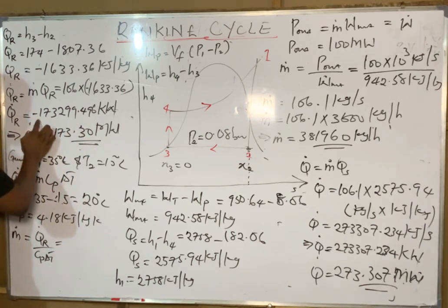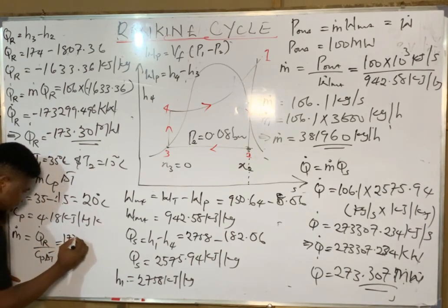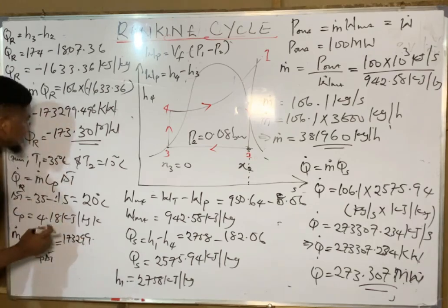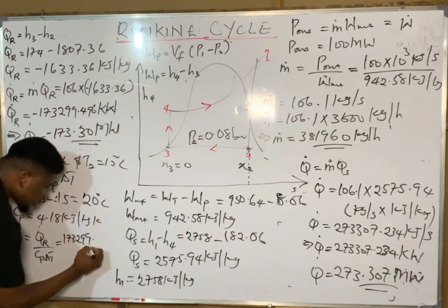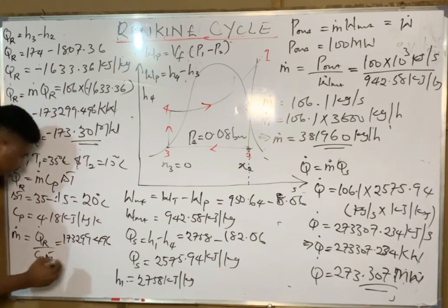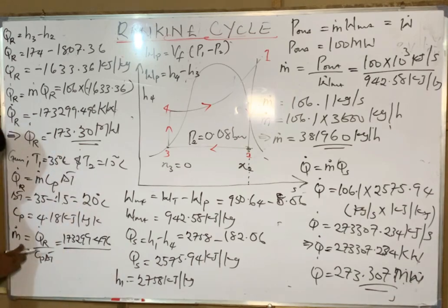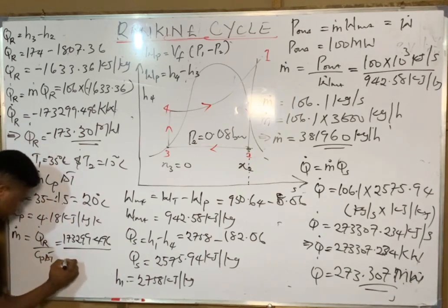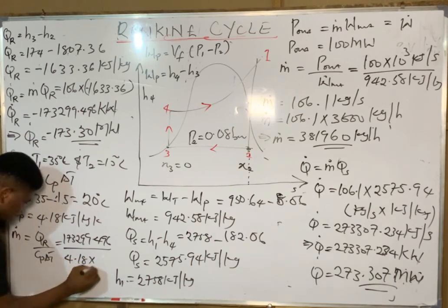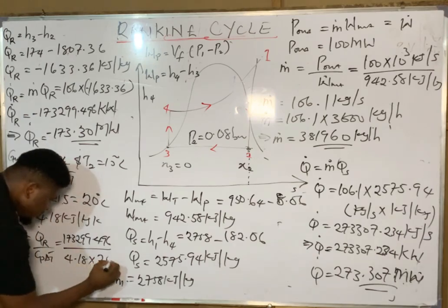So we have 173,299.496, which is in kilowatts, divided by Cp, which is 4.18, multiplied by the change in temperature, 20.